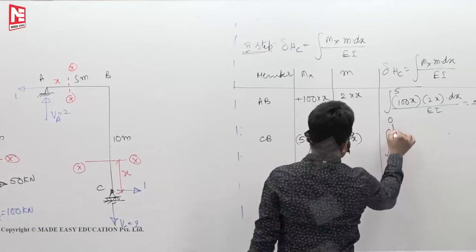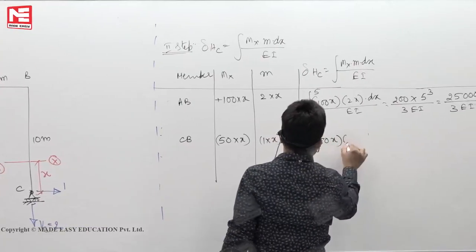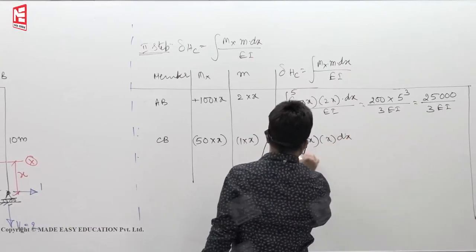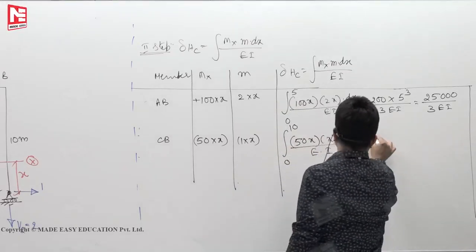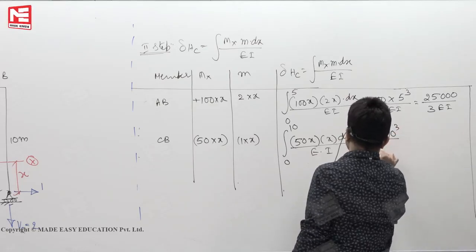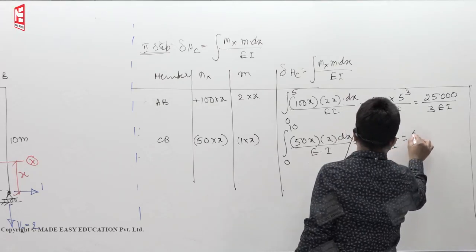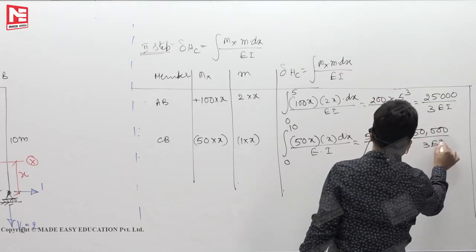Limits of integration are 0 to 10 meters. 50x into dx by EI. 50, take it out. X square means x cube by 3. That means 10 cube by 3 EI. So you will get 50,000 by 3 EI.